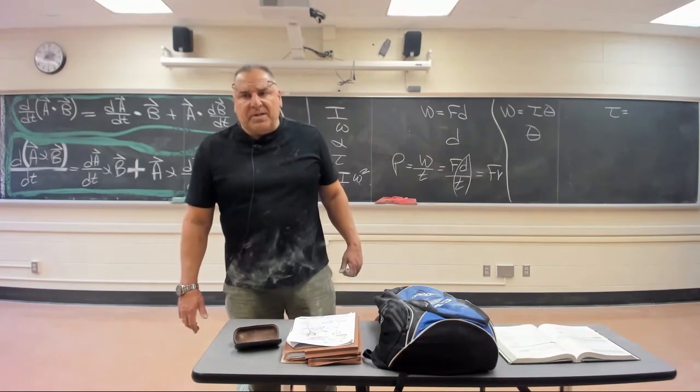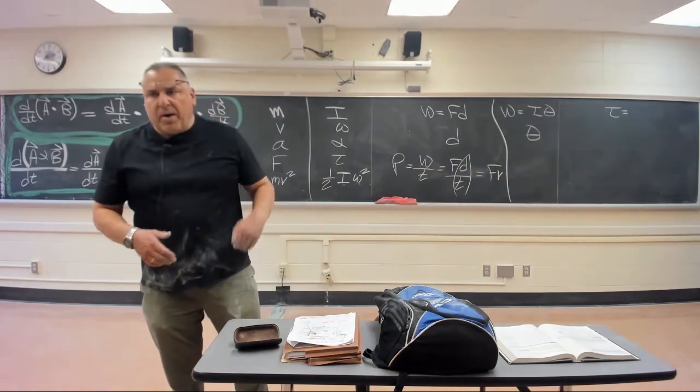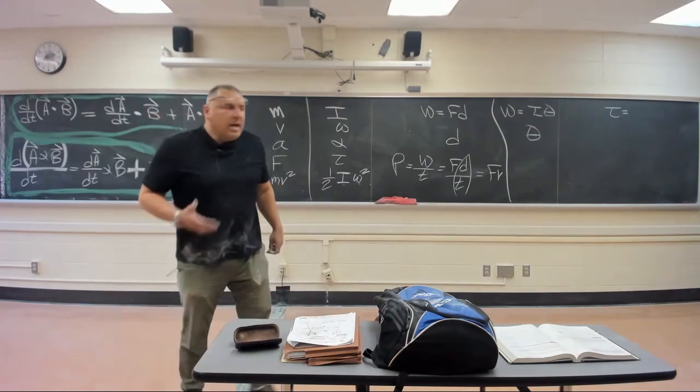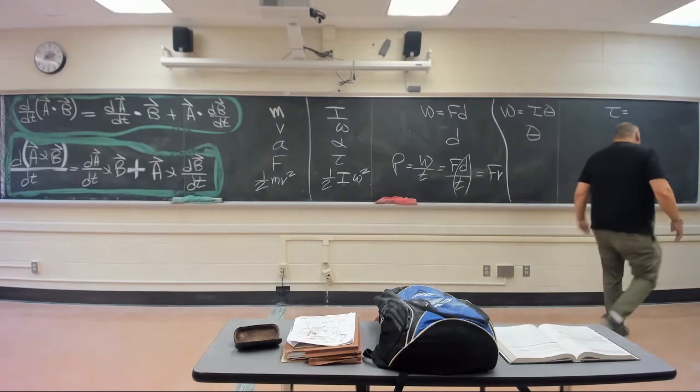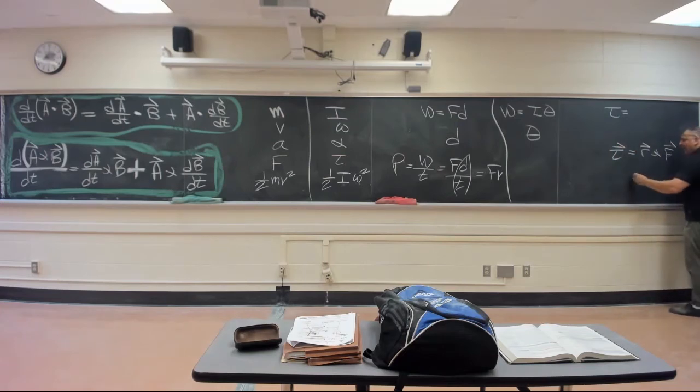The best way to use a lever is not to push into the lever; you set the lever somewhere and push in a direction perpendicular to the lever arm. If it's perpendicular to the lever arm, it's FR sine theta. In the strictest sense, torque is R vector cross F vector, and the magnitude of the torque, let's just call it tau, is FR sine theta, the angle between them. If the angle is 90 degrees, then it's just FR. Torque is F times R.